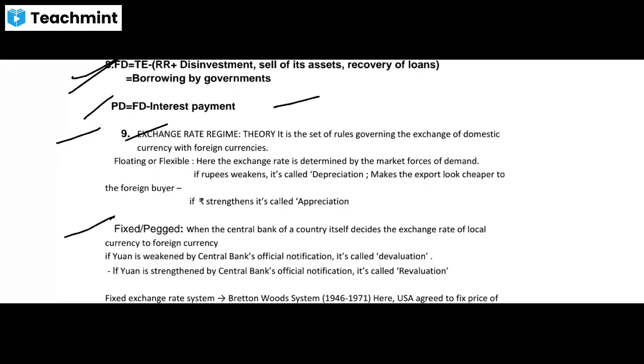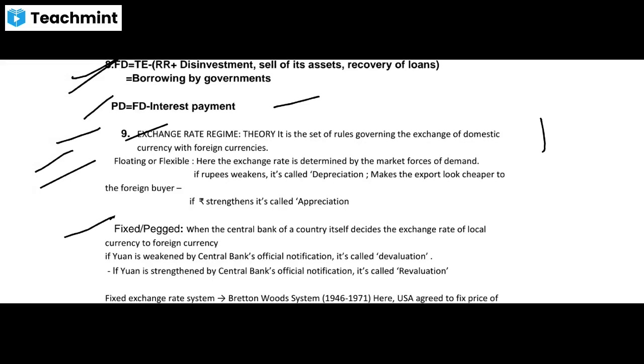In floating exchange rate, the exchange rate is determined by your market. If market value goes up, then the exchange rate will also increase. If it goes down, then the floating exchange rate will also decrease.